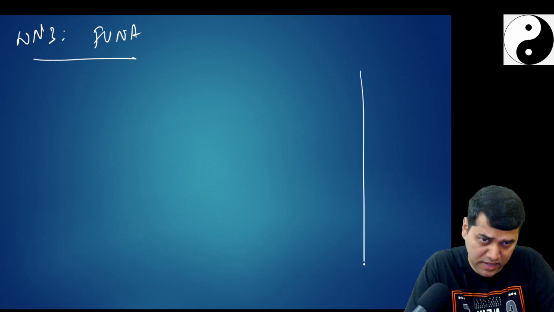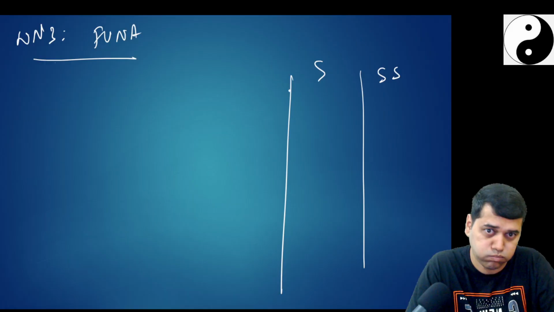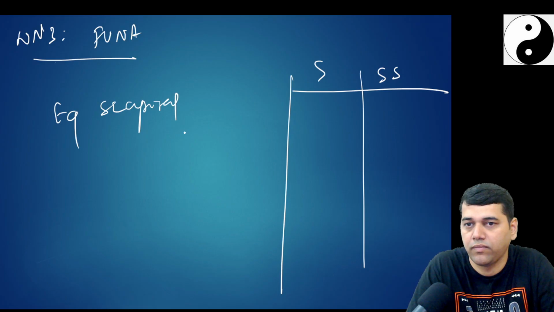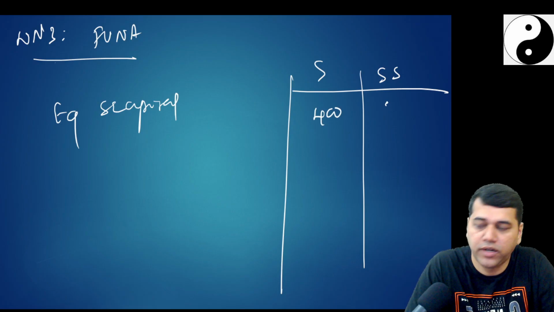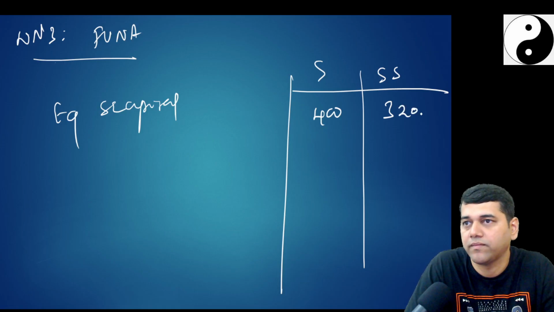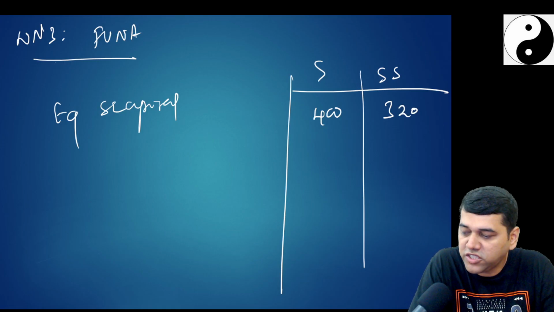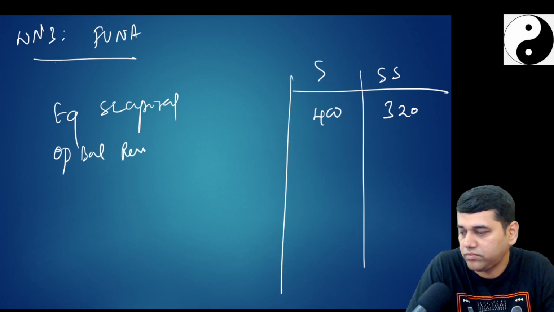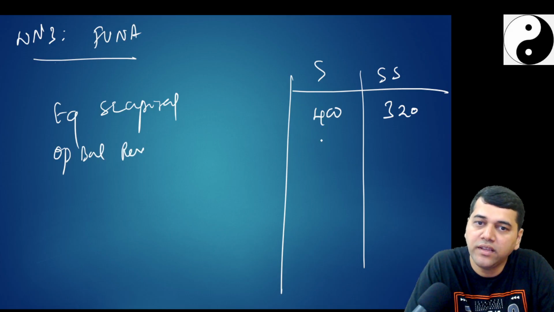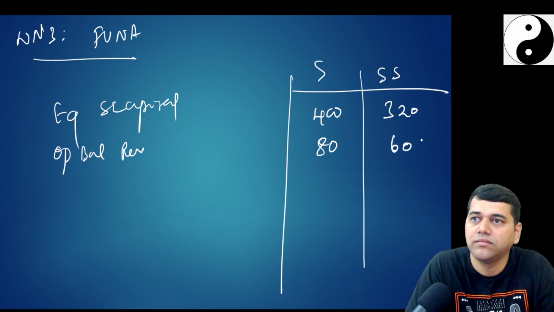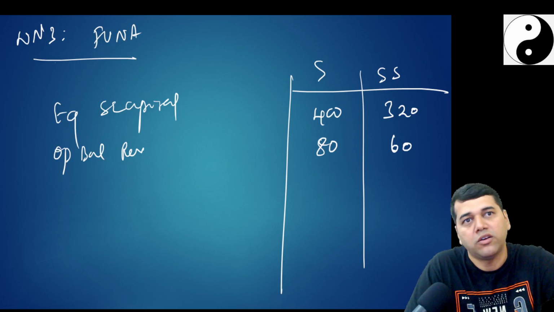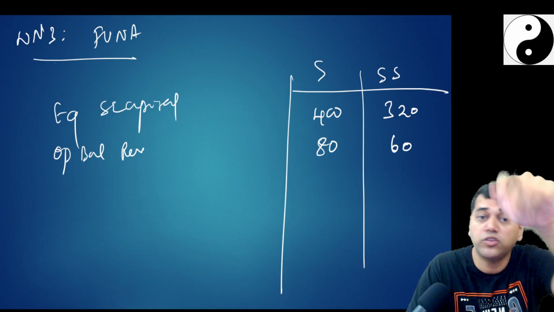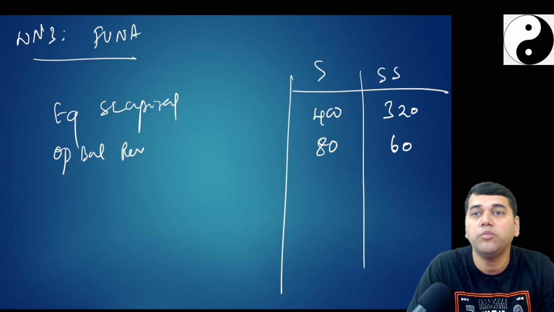So I have got S and SS. Equity share capital: S Limited 400 and 320. How much is my opening balance of the reserve? You have got 80 and 60. That means 6 months before your acquisition only this much balance was there. Opening balance of reserve they only give, no?